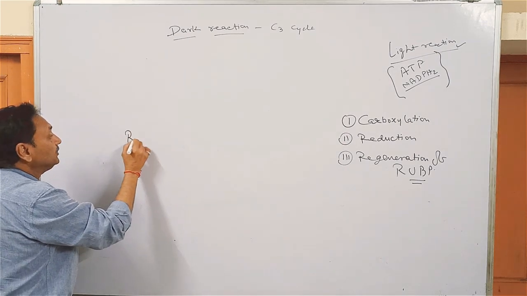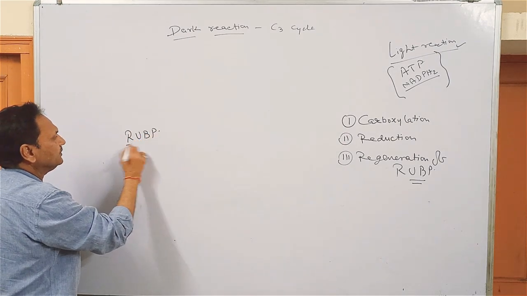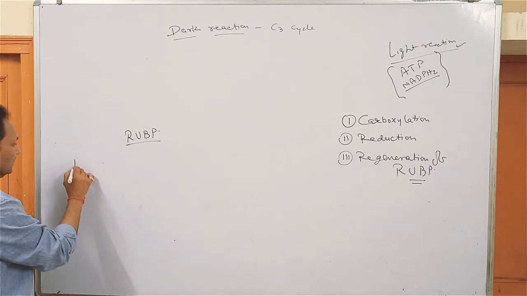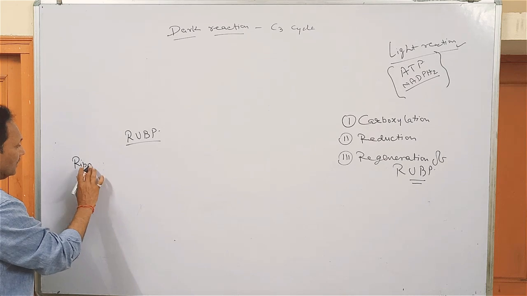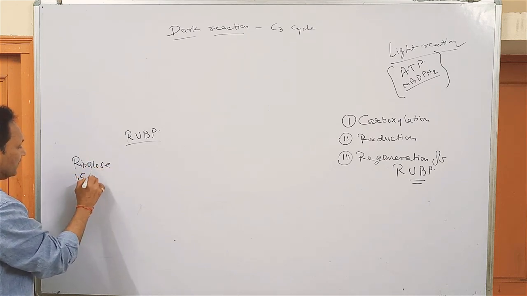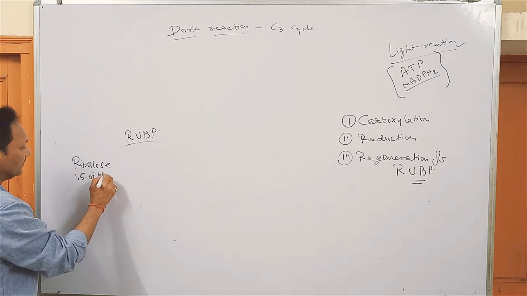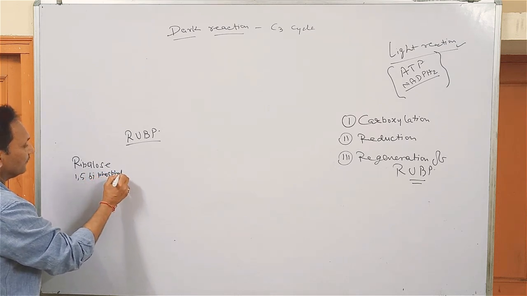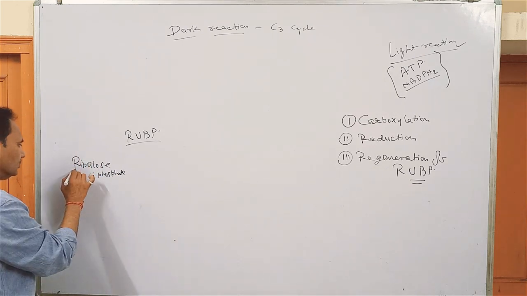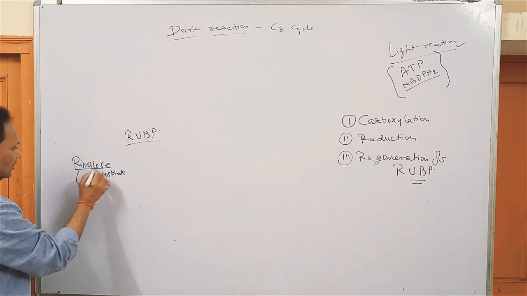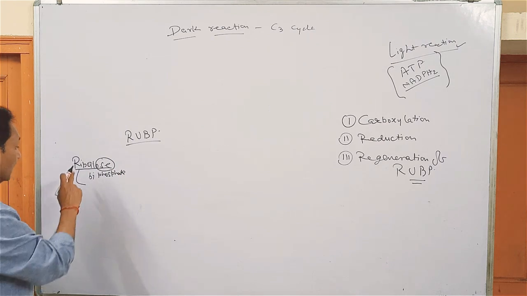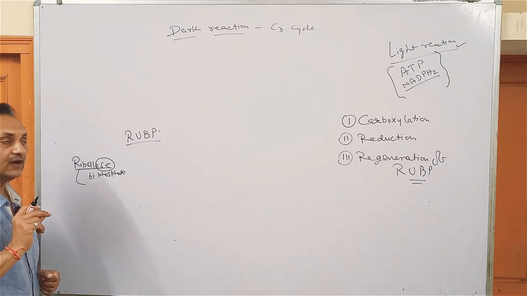Now it is very much essential to understand the meaning of this RuBP: ribulose 1,5-bisphosphate. As you know that the suffix -ulose indicates that it is a carbohydrate component, and ribo indicates that it has 5 carbons.